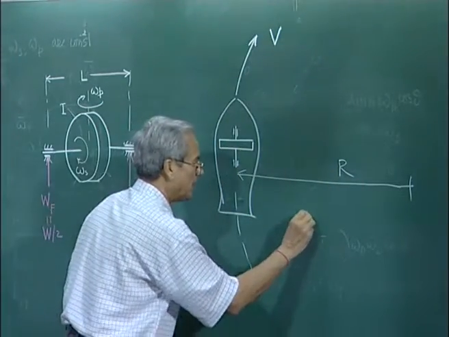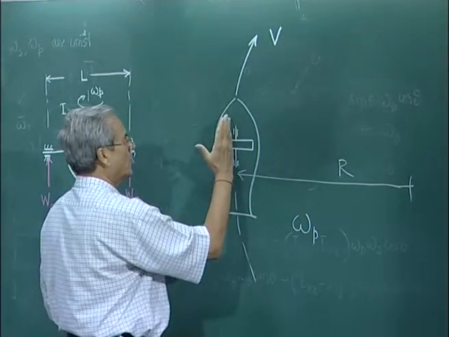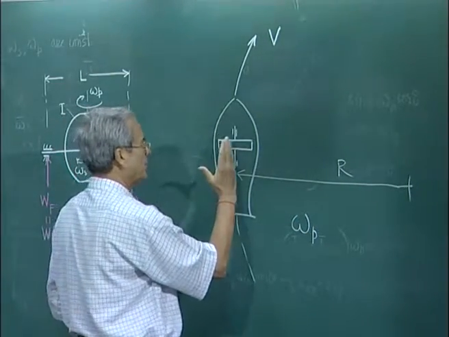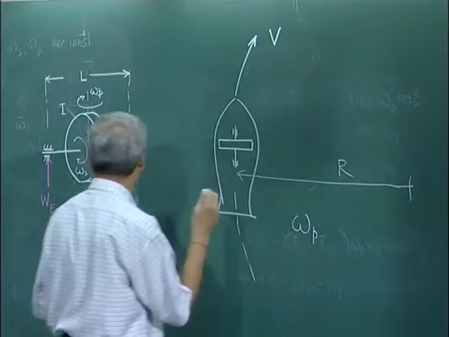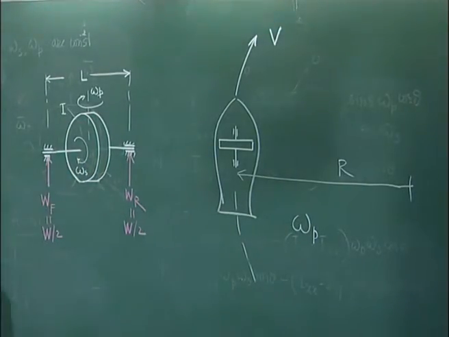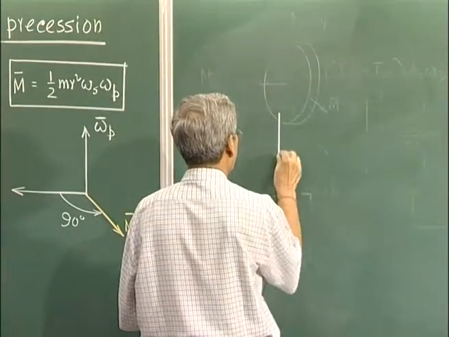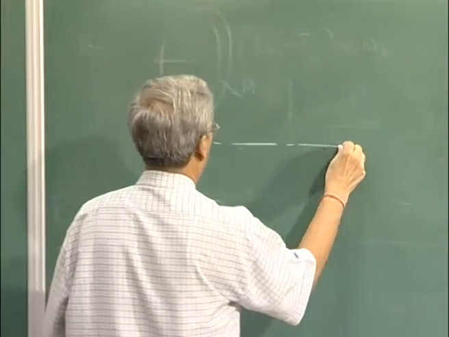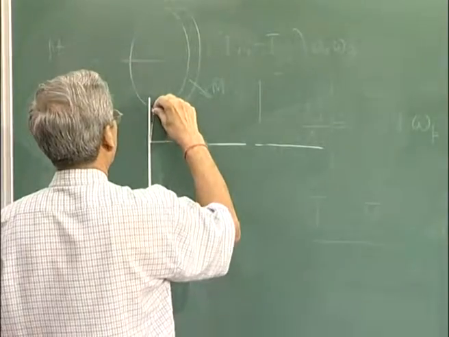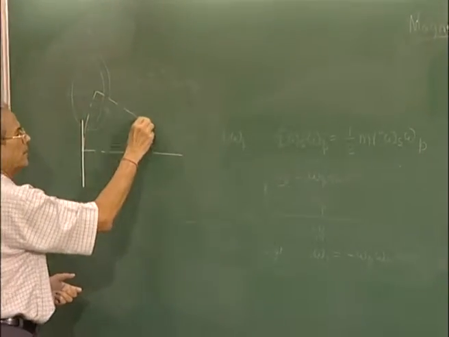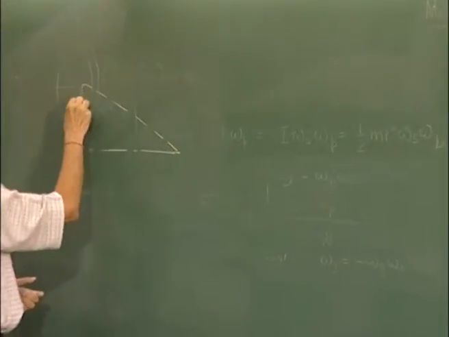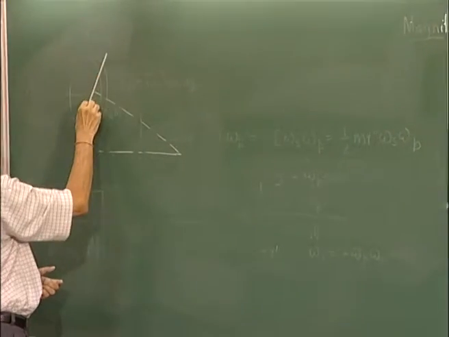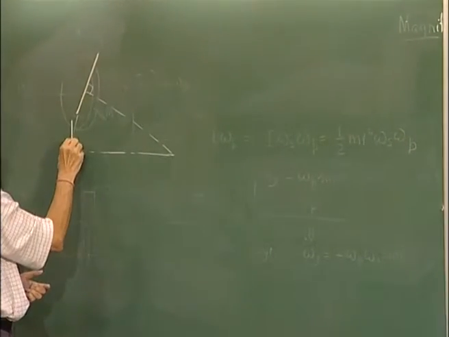So omega p in this case, that means the amount of rotation of this, suppose it is here, this is the axis of spin, and after some time delta t, the axis of rotation is this, because it has to be always at 90 degrees.